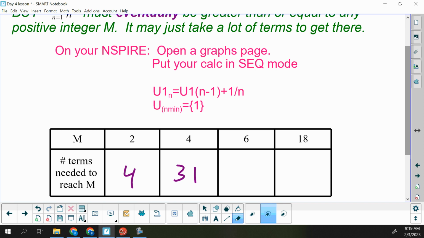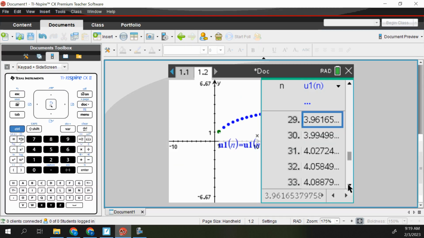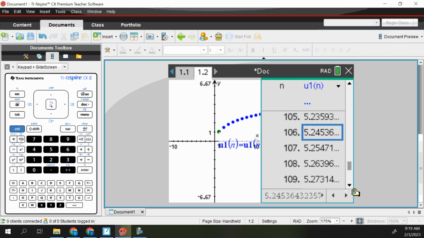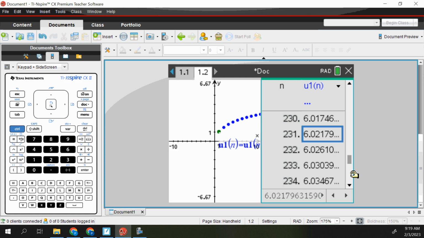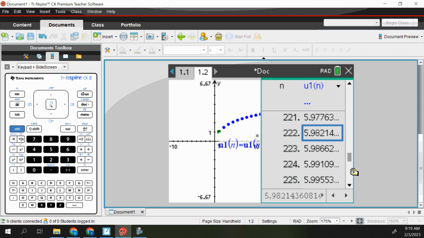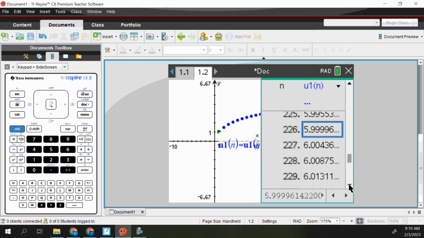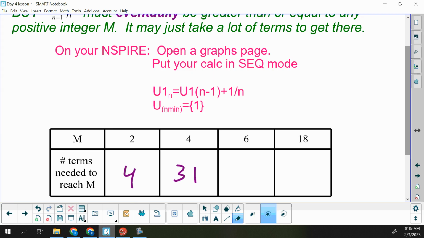Say we wanted to see, does our series eventually add to 6? Well, it might take a while. Still not there yet. Oh, there it was. Looks like it's 227. So 227 terms to get to 6. Say, hypothetically, we want to get to 18.